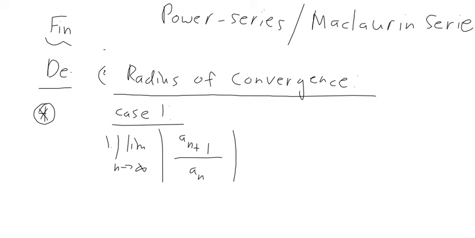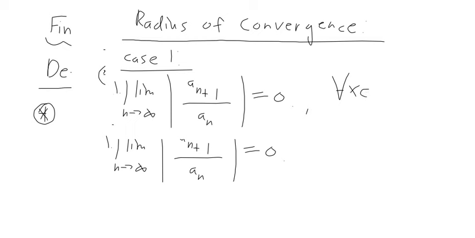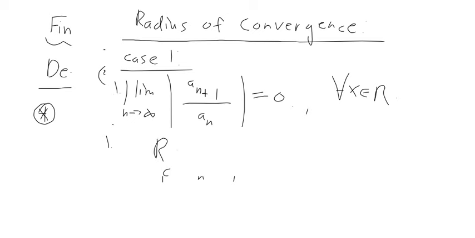And if you find that the limit as n approaches infinity of this ratio is equal to 0, well, first off, this means that it holds for every x belonging to the real numbers. Your radius of convergence, I'll call it rc, is not the same as this R, which is the reals. This rc is the radius of convergence, and it will be equivalent to infinity. You have to remember each of these cases.